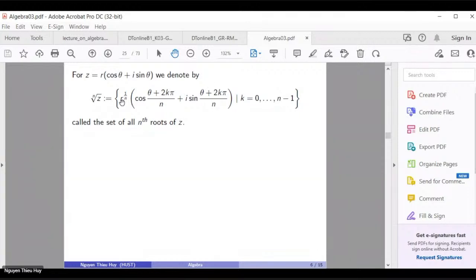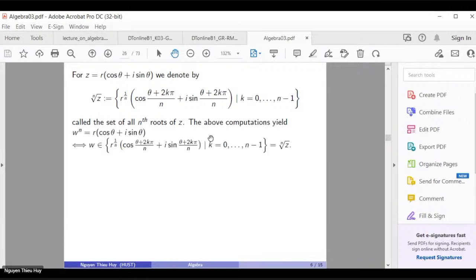So the set will be of the form r to the power 1 over n multiplied with cos of theta plus 2k pi over n plus i sine of theta plus 2k pi over n, such that k runs from 0 to n minus 1. And this set is called the set of all nth roots of z. Every member of this set, when you raise it to the power n, gives z. Therefore, the set is denoted by nth root of z.